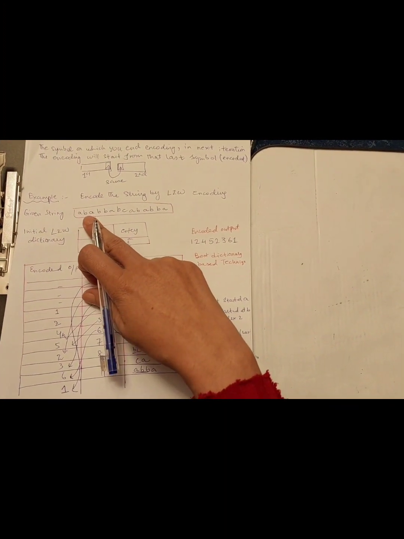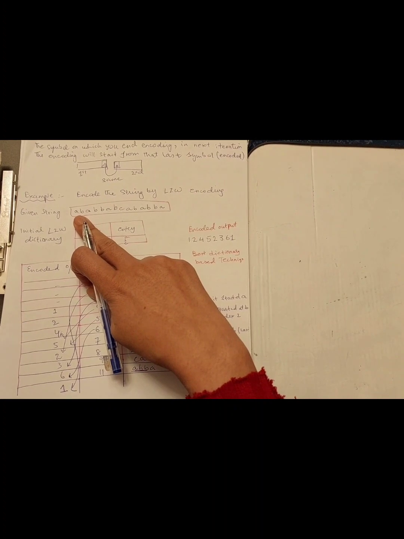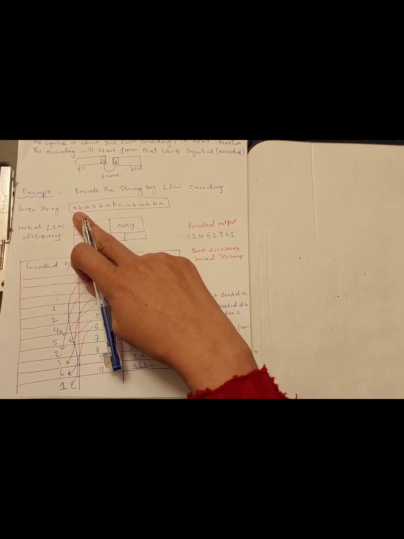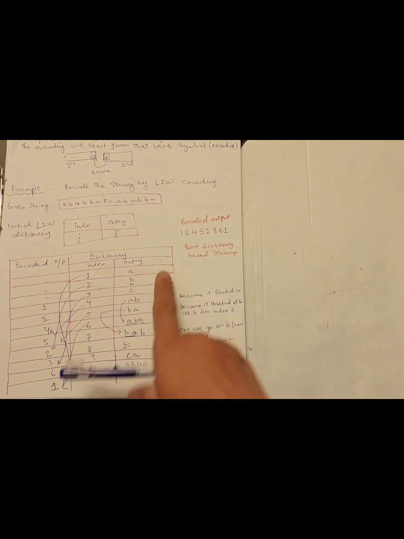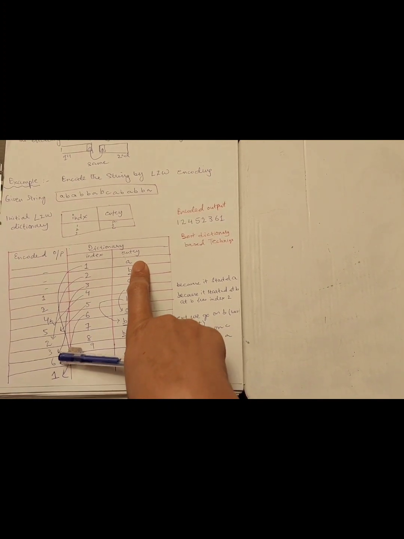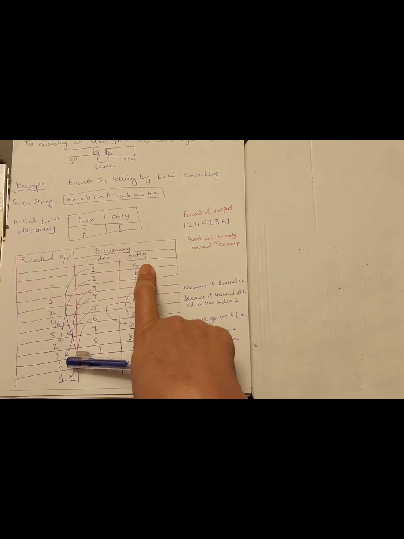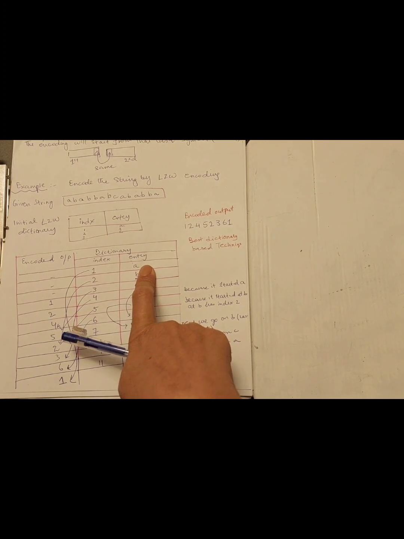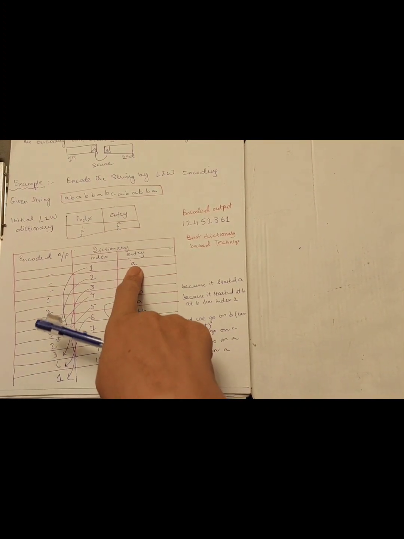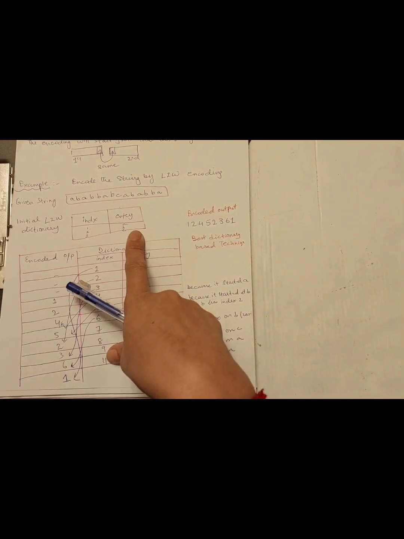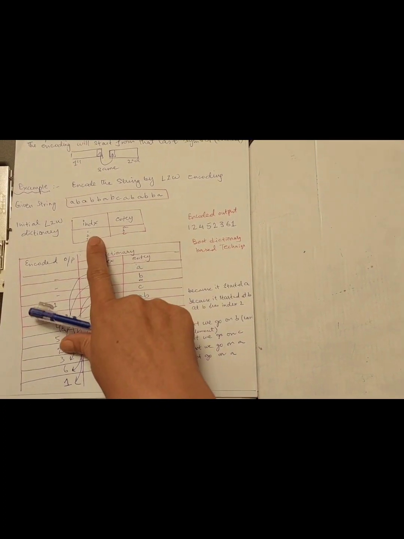For this given string, the first character present in the string is A. So I am going to write down this data entry here, A. Do you know what index is given for this A? You will search your dictionary, and yes, for A I am given index 1.